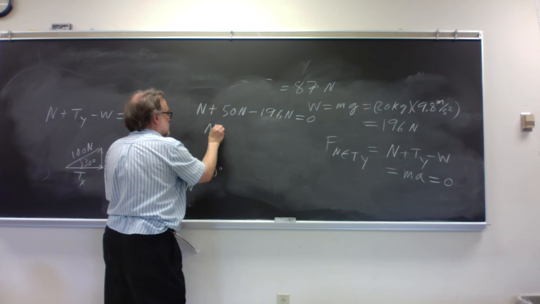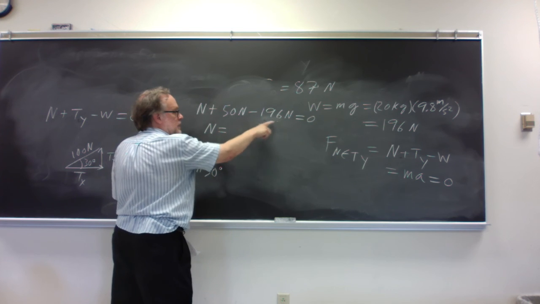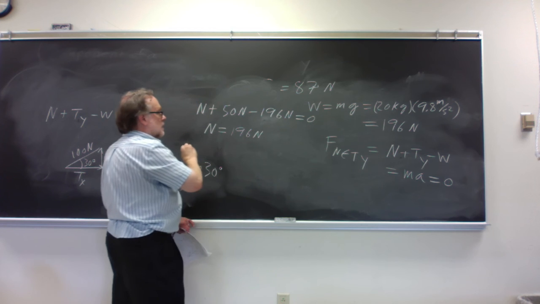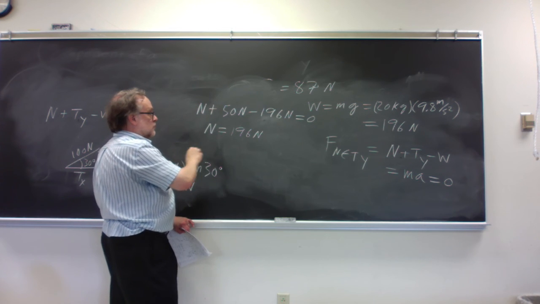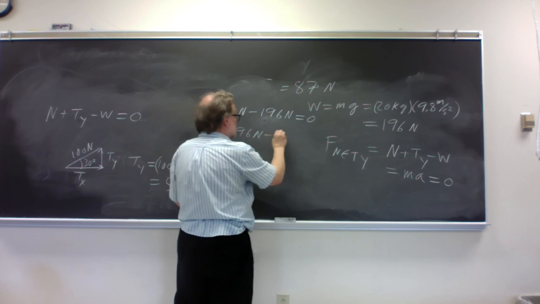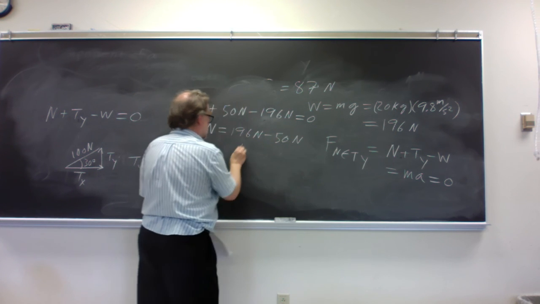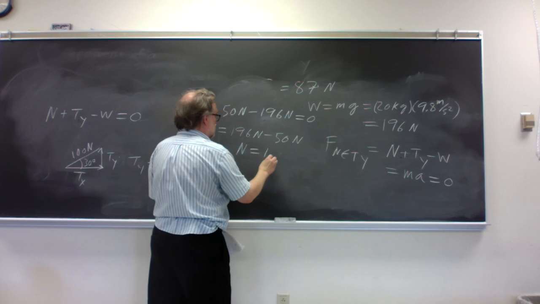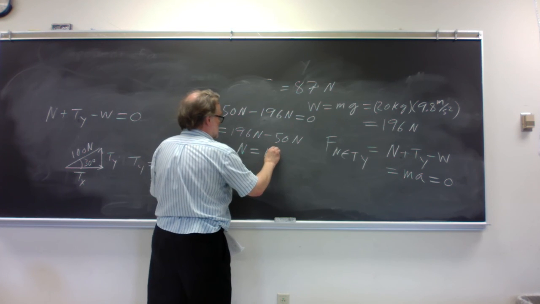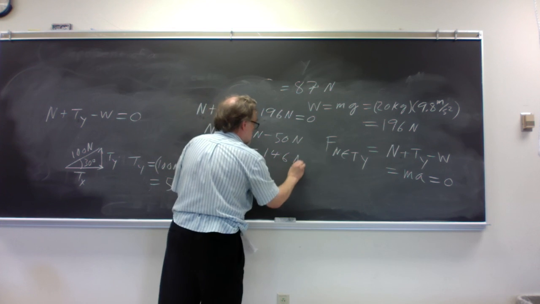Or N, add 196 to both sides, subtract 50 from both sides, so that now on the left-hand side you've got only N. And the normal force then is 146 newtons.